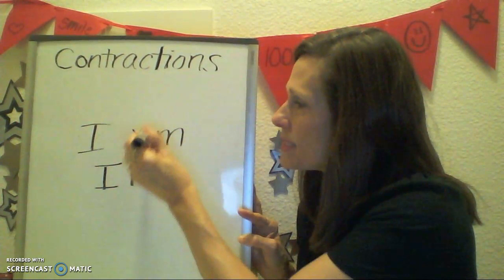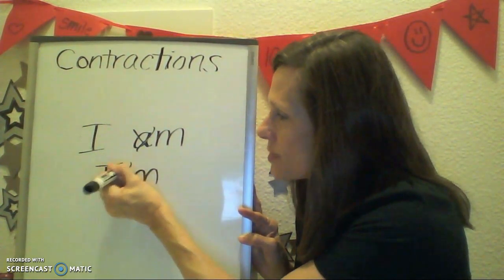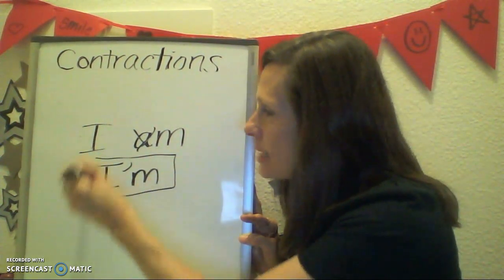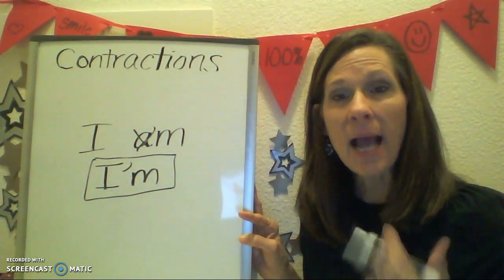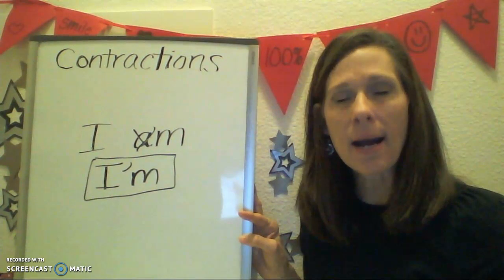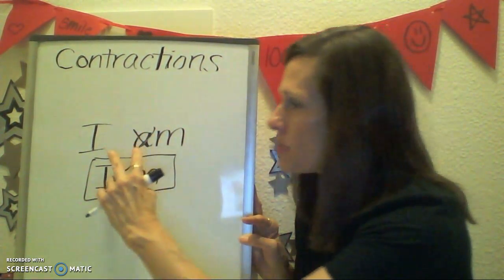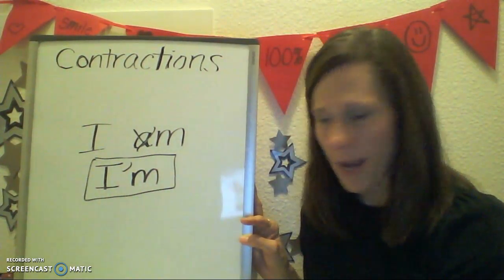A is the missing letter in my contraction, so of course that is replaced with an apostrophe. So I could say I am a teacher or I'm a teacher, and the meaning of my sentence does not change whether I'm using the two words or the contraction.